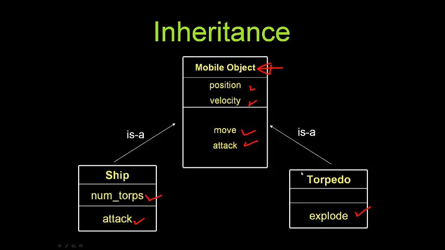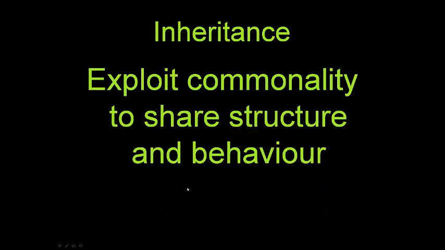Because the way a torpedo attacks and the way a ship attacks is different. So if the torpedo uses this attack, then the ship needs to use a slightly different attack. So it contains its own attack method. So the general idea of inheritance is that we want to exploit the common structure between objects in order to share code and to reuse code.